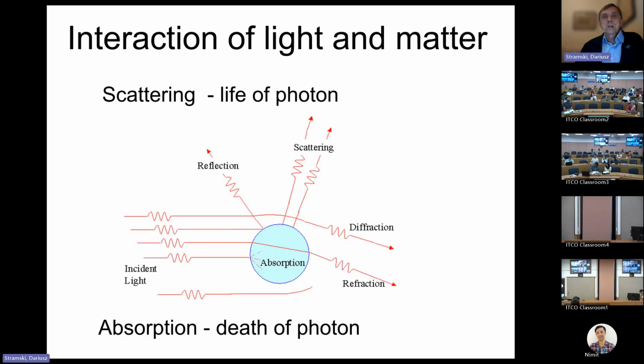So let's now move to discussing mechanisms of interaction of light and matter in terms of the other two processes: scattering, the survival of the photon, and absorption, which we can also refer to as the death of the photon.